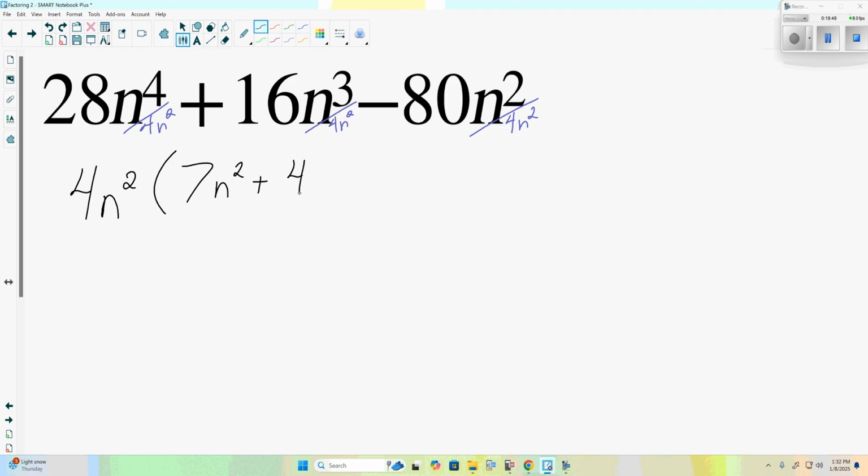And when we remove 2 of the n's away from n to the third, we get n. Minus 80 divided by 4 is 20, yes. And here the n squareds factor out completely, because n squared divided by n squared would be 1, just telling us that we have negative 20 times 1, which is just negative 20. Giving us this here.